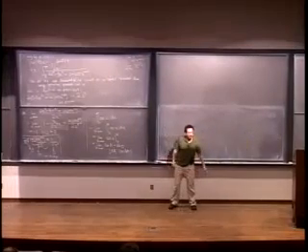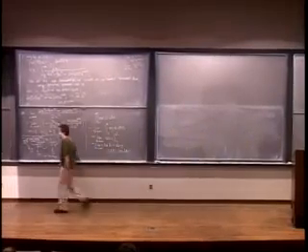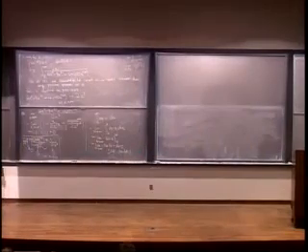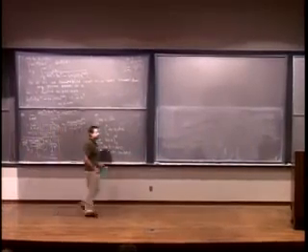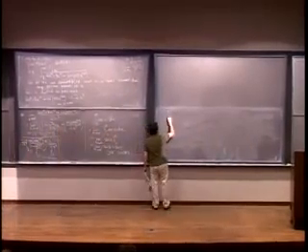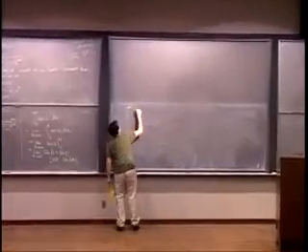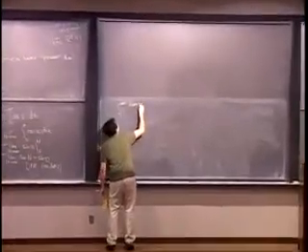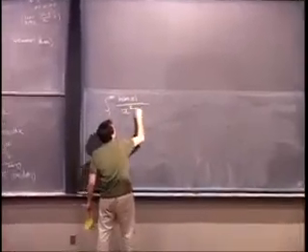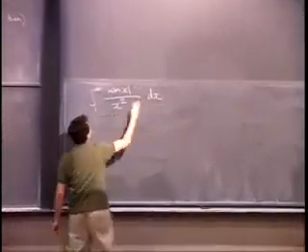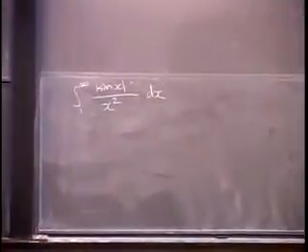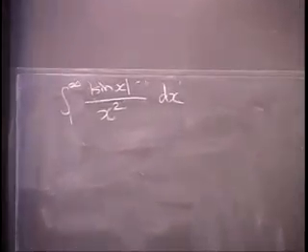Anyway, so that seems to have occupied some time while I erased the board. Let me show you one other slightly different example that doesn't involve the sandwich principle. But suppose you look at just something like the absolute value of sine x over x squared. Everything's positive. I'm not doing negative stuff yet.